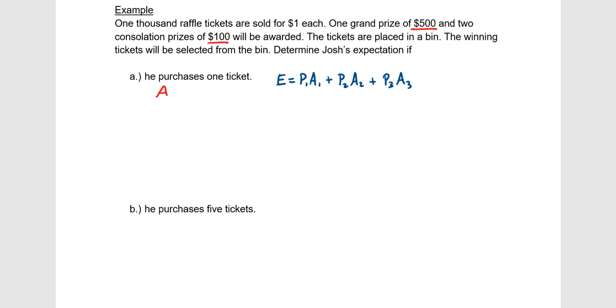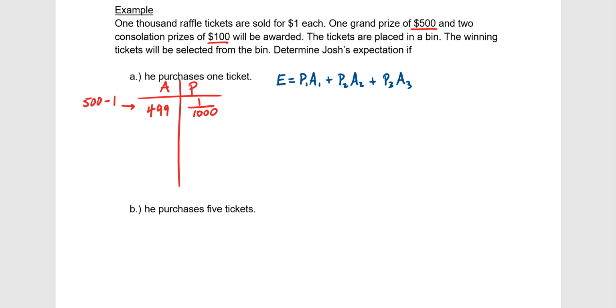So if we set up the table, if we win the $500, that's actually a $499 net gain, because we have to take into account the dollar that we spent on the ticket. And the probability of winning that is going to be 1 winning ticket out of 1,000 total tickets.